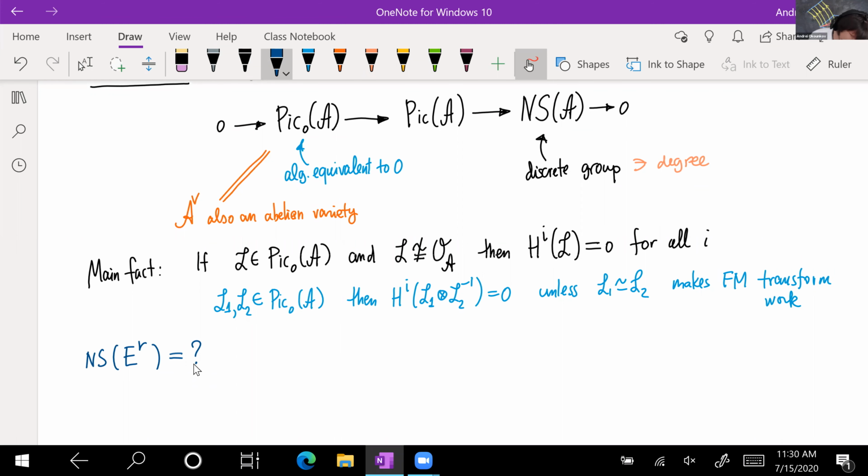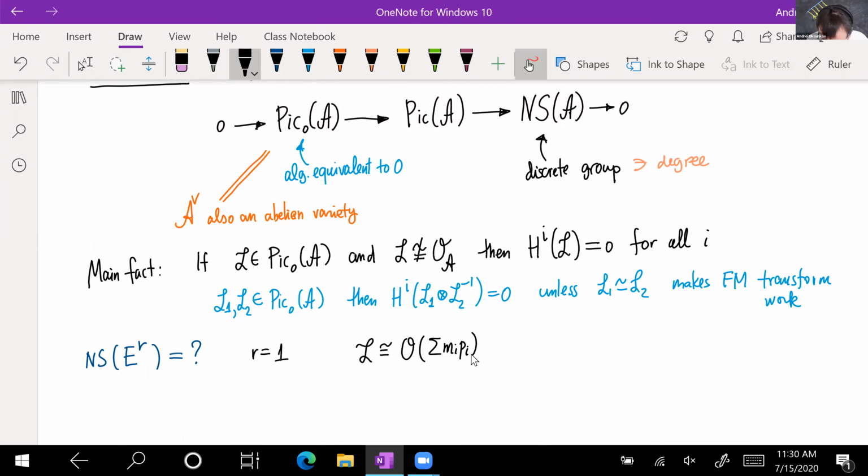And so, okay, we start with r equals 1. That is easy. Every line bundle on an elliptic curve is isomorphic to O twisted by some bunch of points.